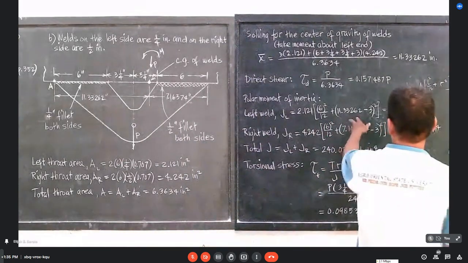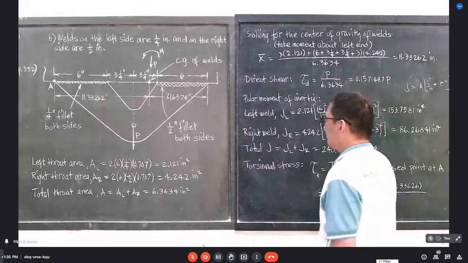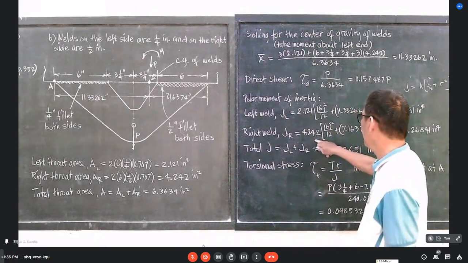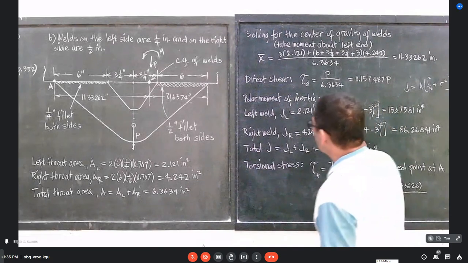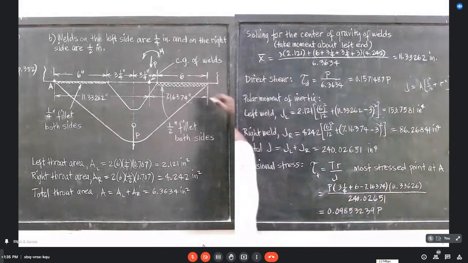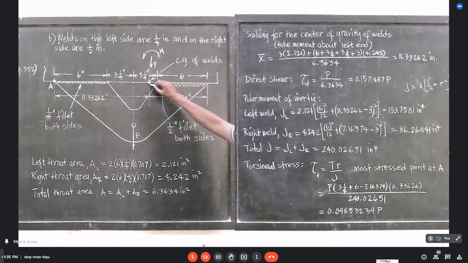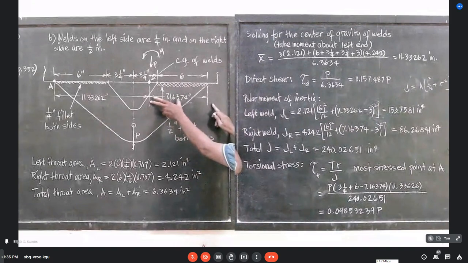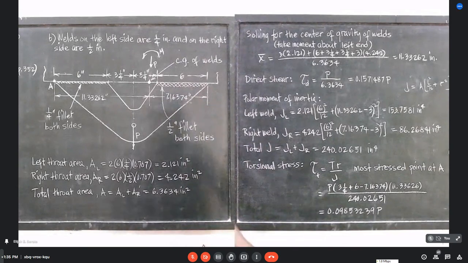Now for the right one, again, area times L squared over 12 plus the distance between this to that, which is actually 7.16374 minus 3, because the center of this is 3.